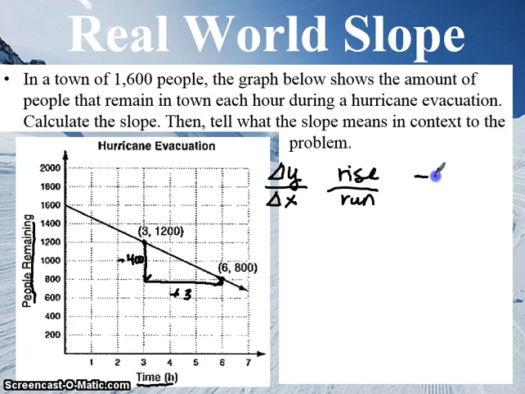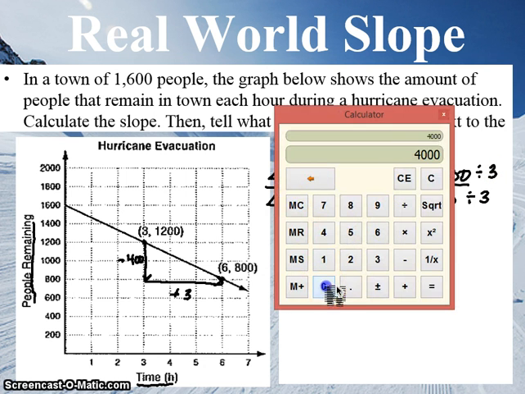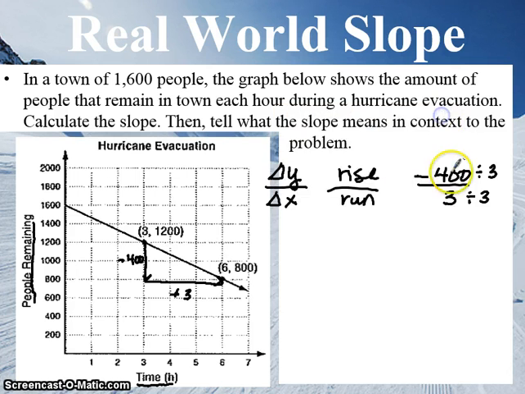So our rise was negative 400 over 3. Now let's reduce this to a unit rate because it's going to tell us how much 1 hour evacuated. Now 400 divided by 3 is not a whole number, so we'll have to round it to make sense in terms of people. So we had 133.3, so we're going to say negative 133 over 1.